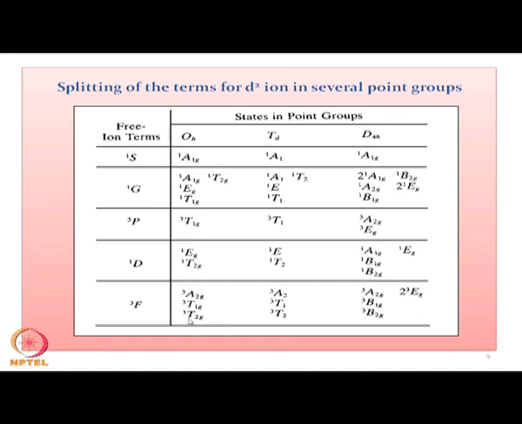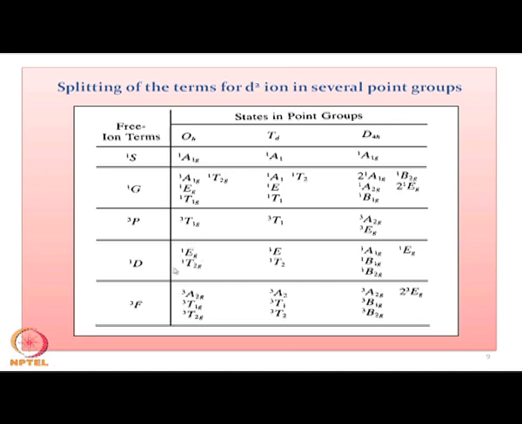If we consider that this ground 3F level is defining one particular state in a weak field, that means a weak crystal field, it can have the 3T2g as the ground state, and that 3T2g ground state will give rise to the corresponding transition from 3T2g to 3T1g or 3T2g to 3A2g. So, after splitting, one will be the ground state and the others will be the corresponding excited states.